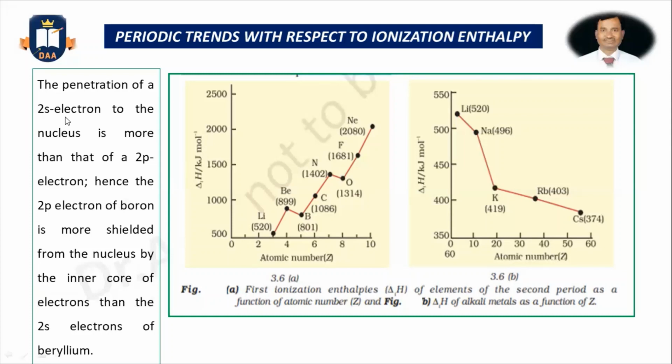The penetration of a 2s electron to the nucleus is more than that of a 2p electron, and hence the 2p electron of boron is more shielded from the nucleus by the inner core of electrons than the 2s electrons of beryllium.